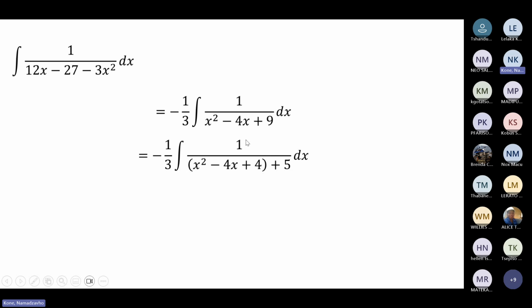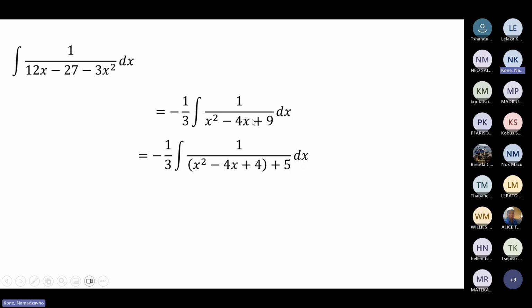So to compensate for that, add +4 here, we must subtract a 4 from the 9. Add a 4 here, subtract a 4 there. So it's like adding 0. Add a 4 here, we get this 4 that we have added. Subtract a 4 from 9, we get 5. So what I said was the following.